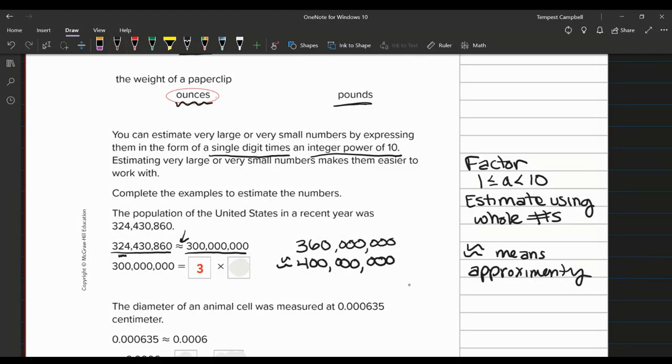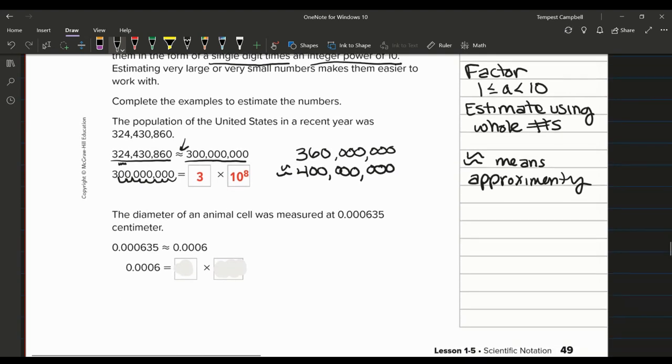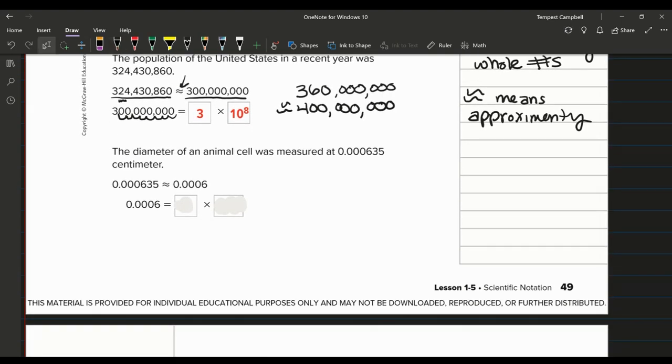So next we should get 3 times 10 to the power of 8, because look, we have 1, 2, 3, 4, 5, 6, 7, 8. We moved it 8 place values. So when we're talking about the diameter of an animal cell that was measured at this number of centimeters, we're going to approximate by just eliminating those last 2 numbers and doing 0.0006.